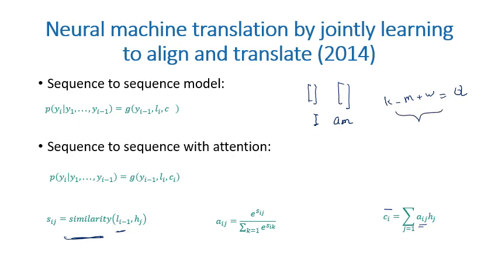The same thing applies here: this H is a representation of all of these words, and you can imagine that adding them up, or even a weighted sum of them, produces some meaningful representation.